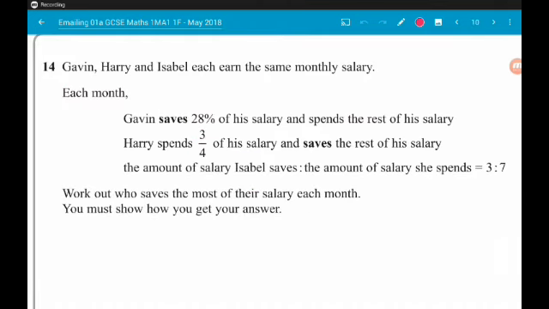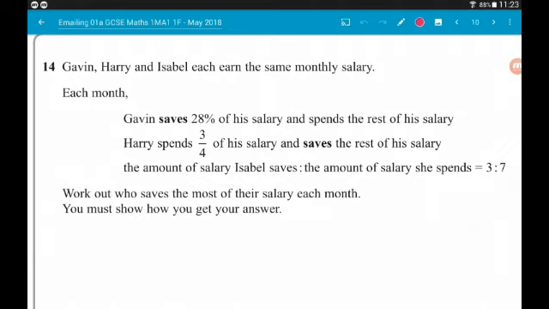Question 14. Gavin, Harry and Isabel each earn the same monthly salary. Each month, Gavin saves 28% of his salary and spends the rest. Harry spends 3/4 of his salary and saves the rest. The amount of salary Isabel saves to the amount of salary she spends is 3 to 7.